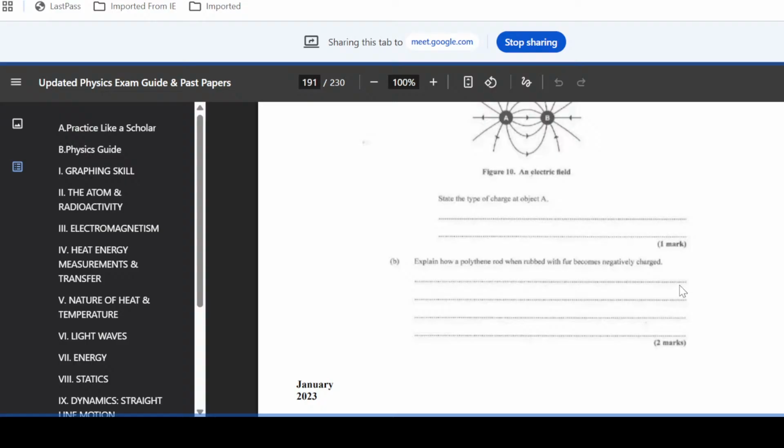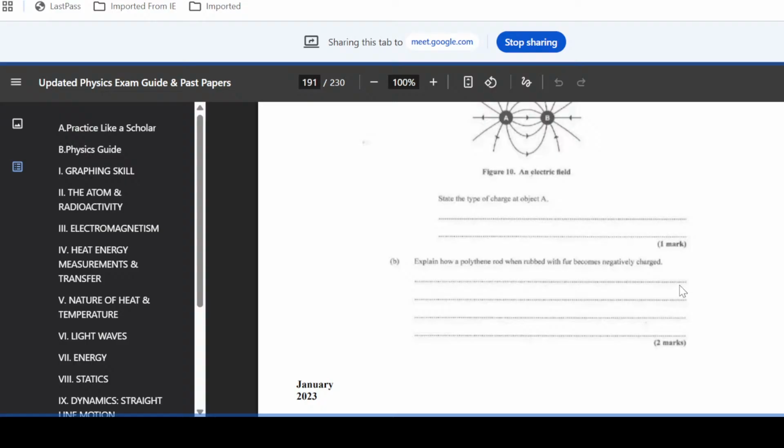And then you have part B now, which says explain how a polythene rod, when rubbed with fur, becomes negatively charged. I talked about something similar to this earlier. So what's happening here?